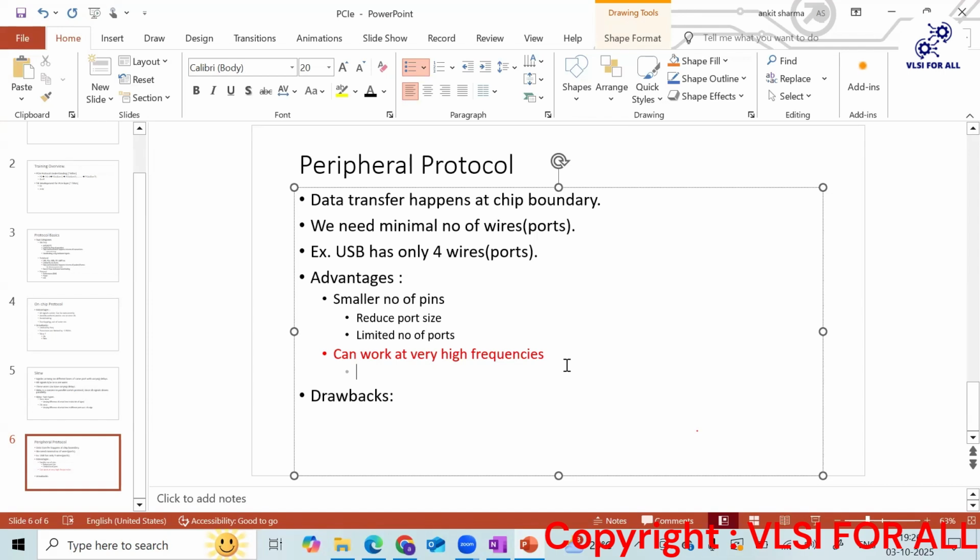Okay, sir, in order to avoid that, we can store it in a FIFO. Oh, FIFO, what's FIFO then? FIFO is also a memory, right? Yes, sir. Then how can we achieve this? That's my question.